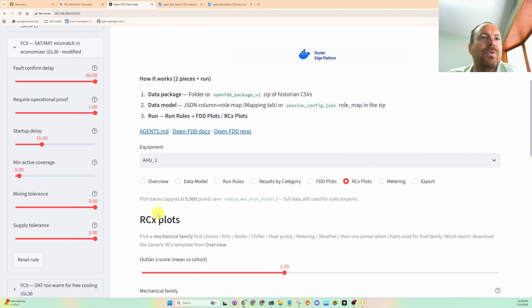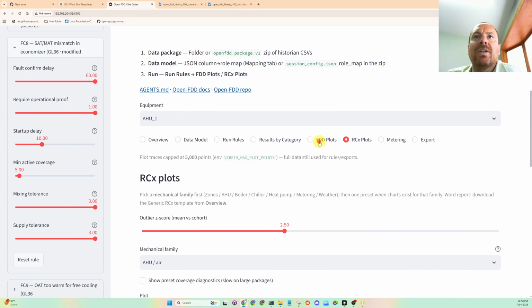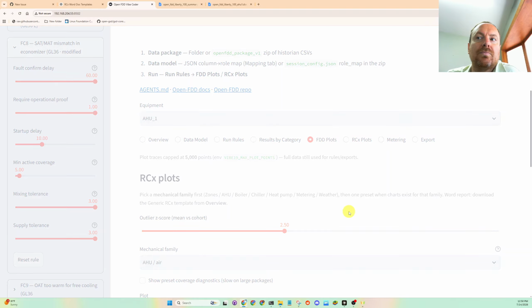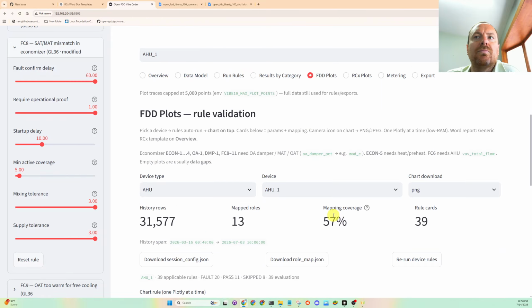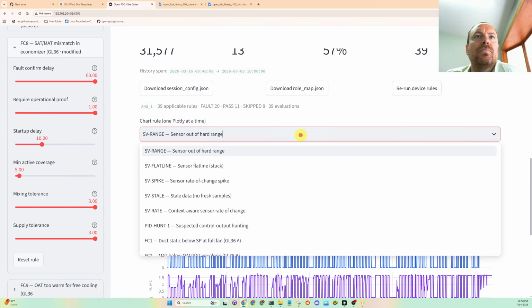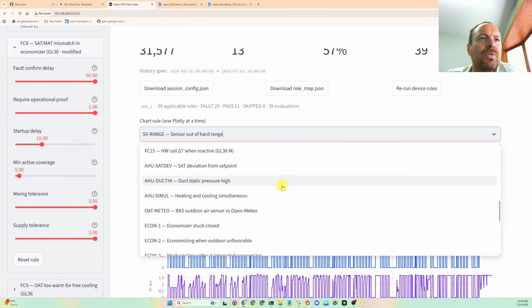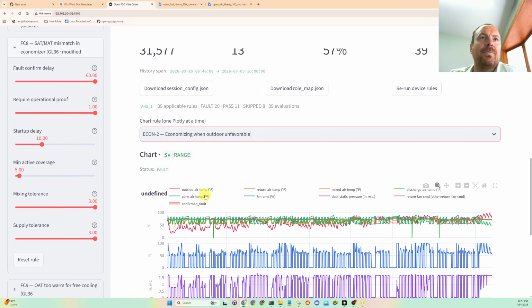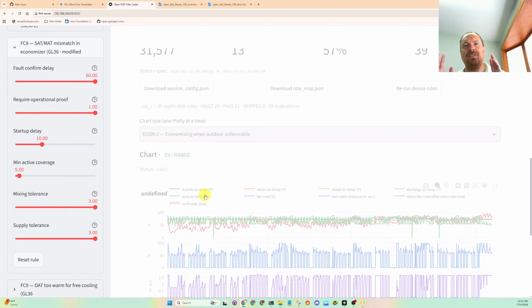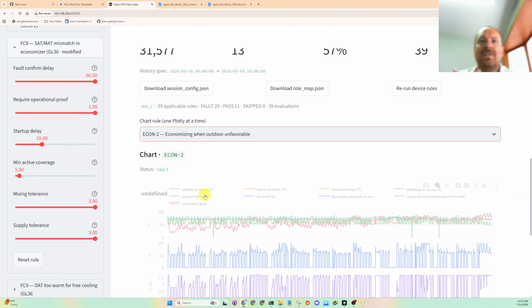In here, if we go back to fault detection plots, we go down to Econ2, economizing when outdoor is unfavorable. And I think there's something unusual going on with this building.